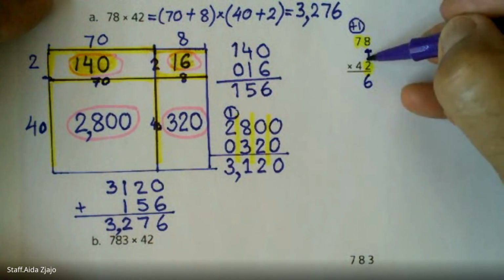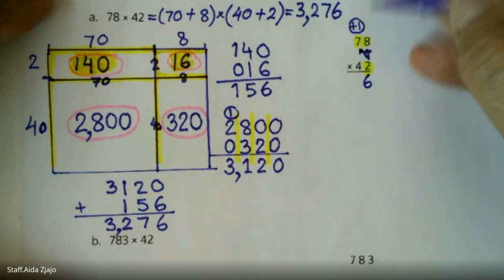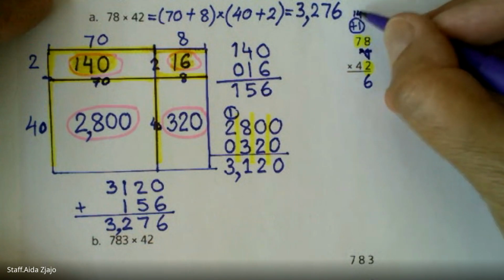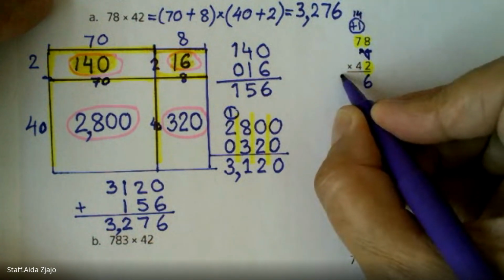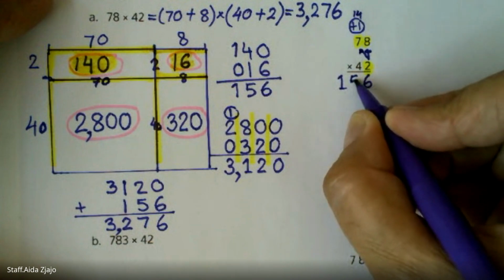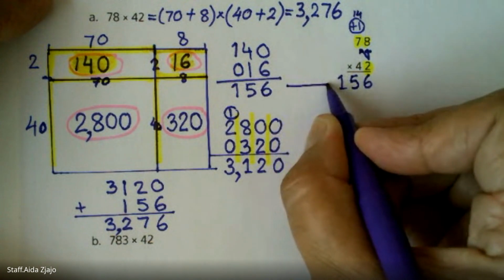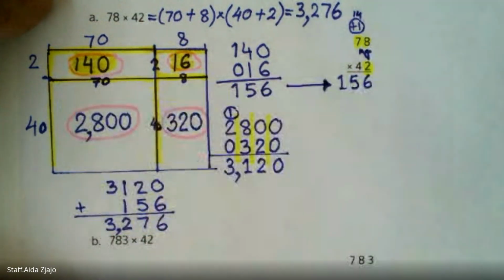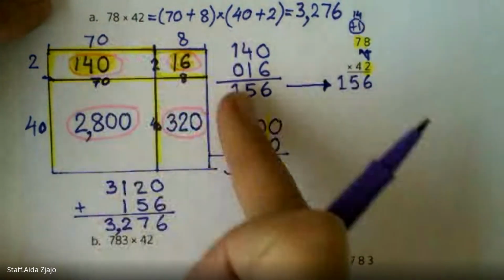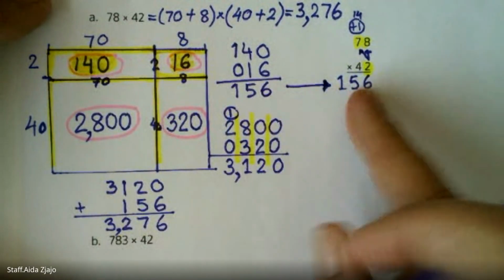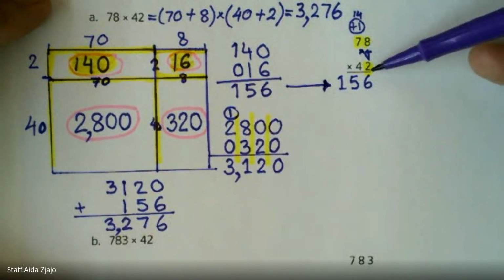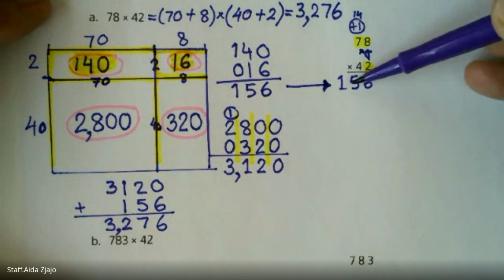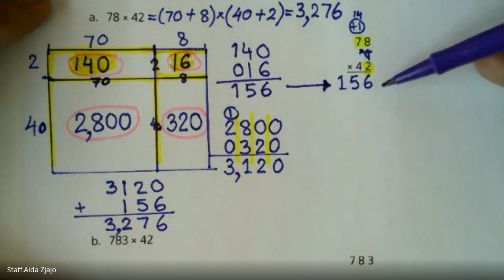Okay, now 2 times 7 is 14, plus 1 is 15. And that is matching with the first part of the horizontal part. These two make 150, and that is the first partial product. 2 times 78 equals 156.